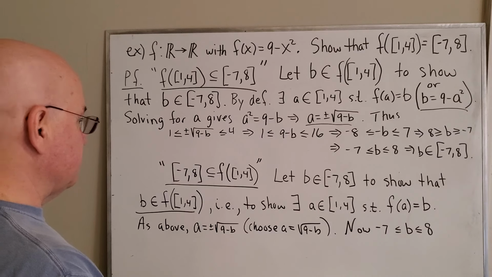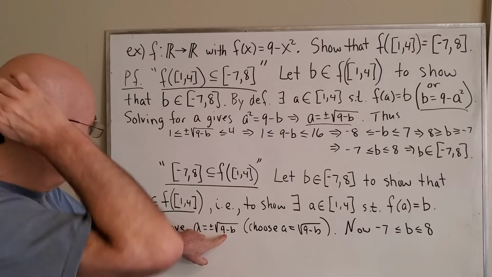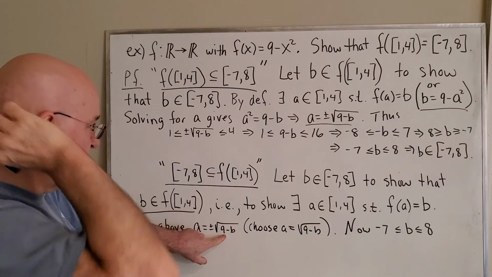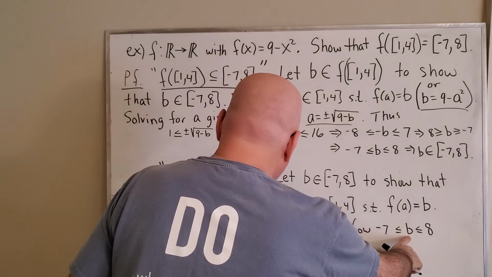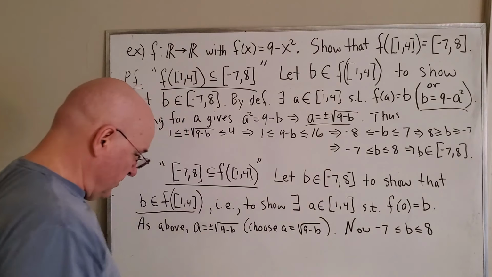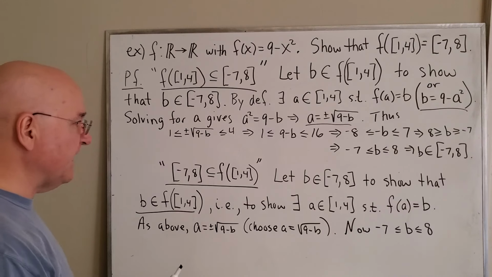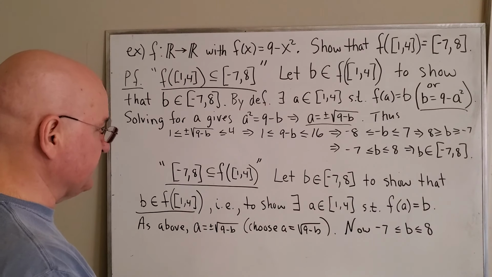Okay, well, I would like to get this in between two numbers. I would like to do some algebra and get, instead of b in the middle, this in the middle, radical 9 minus b. So that means I need a minus b.